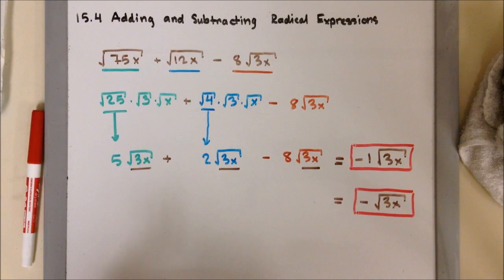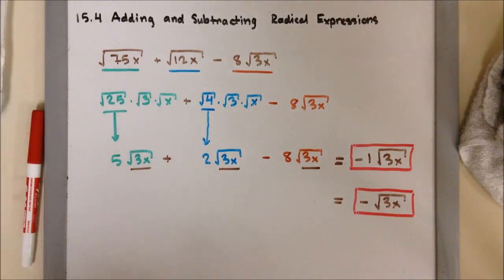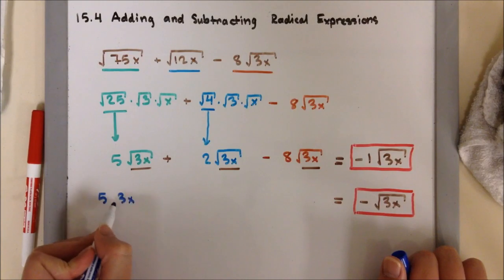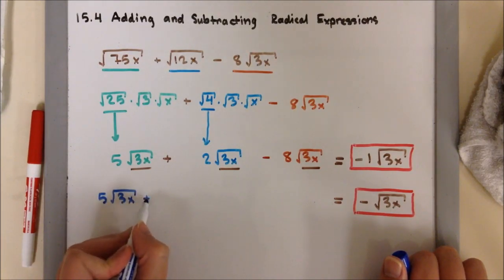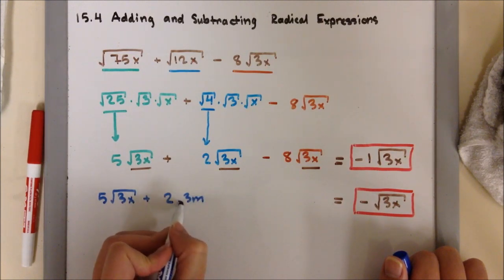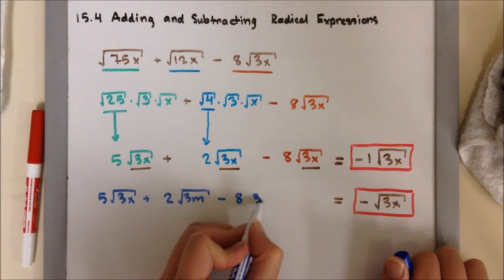Now, following from this previous example, I want to illustrate that again. I stated that in order to combine like terms, the radicals have to be exactly the same. So let's say that instead of having these right here, we had 5 square root of 3x plus 2 square root of 3m minus 8 square root of 3x.